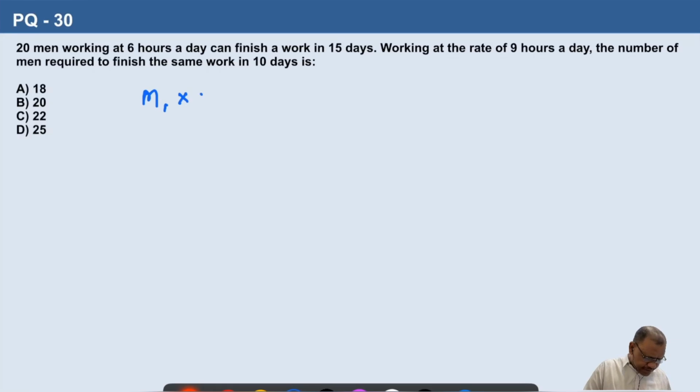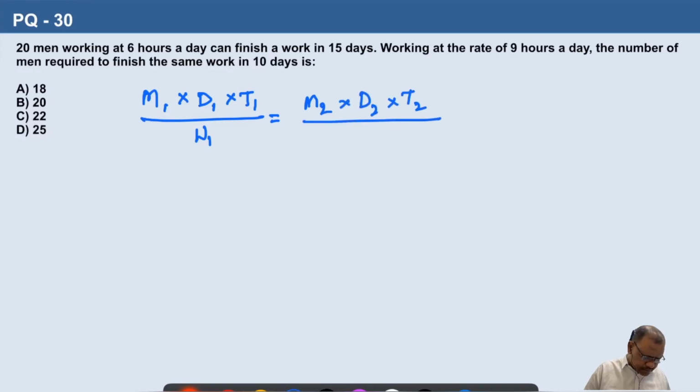M1 into D1 into T1 by W1 is equal to M2 into D2 into T2 by W2. The denominators W1 and W2 are the work done.